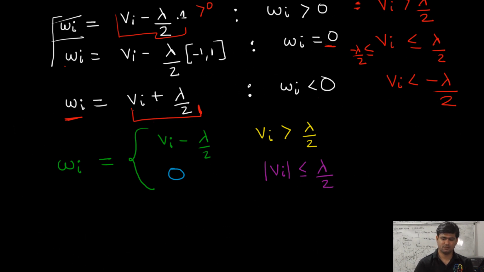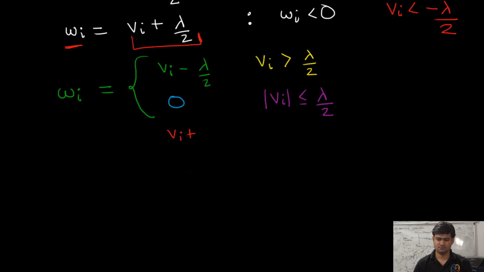We obtain Wi equal to Vi plus lambda by 2 when Vi is less than negative of lambda by 2.